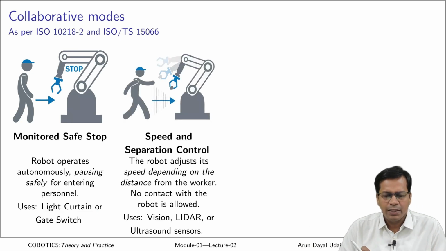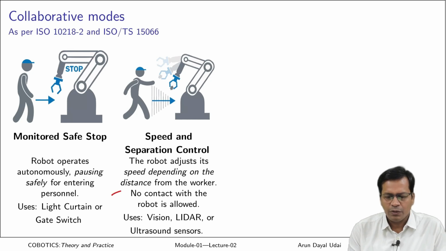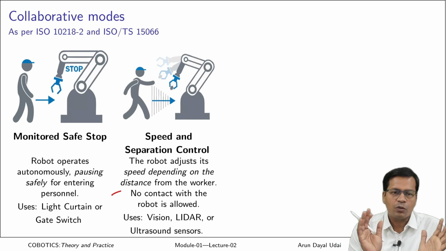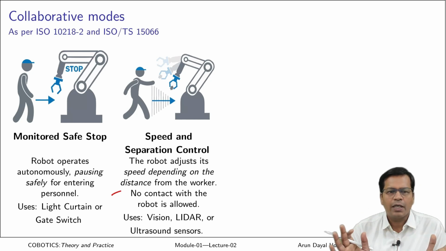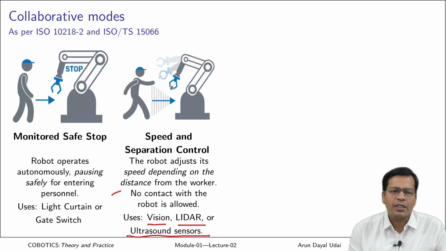The second one is speed and separation monitoring. In this, the robot adjusts its speed depending on the distance from the worker. No contact with the robot is allowed. While the robot is moving, there should be absolutely no contact. What it does basically is use a vision sensor, a lidar, or an ultrasound sensor to detect the speed of the person who is coming towards the robot.